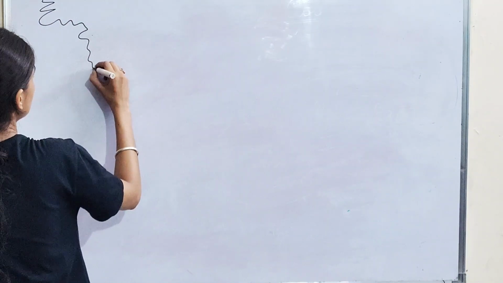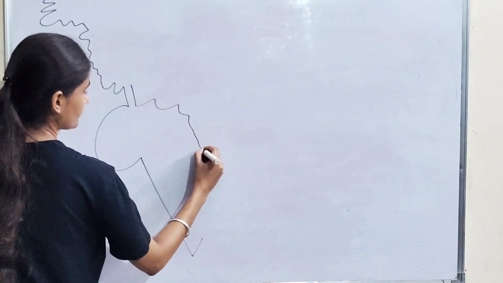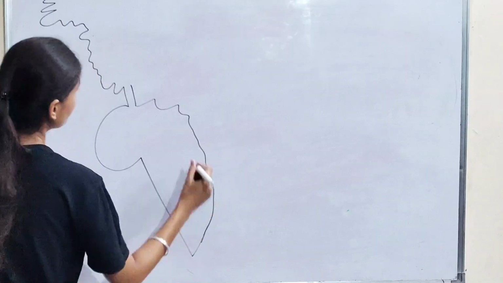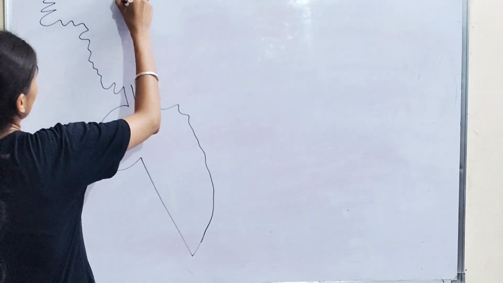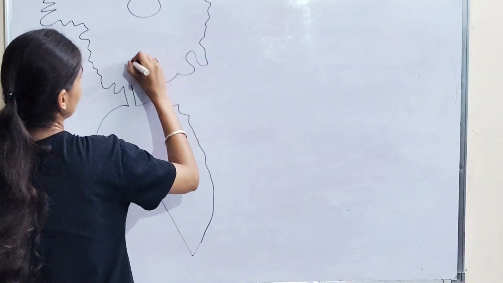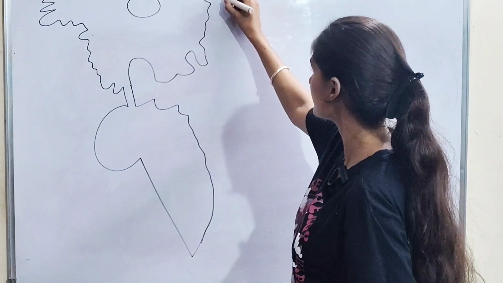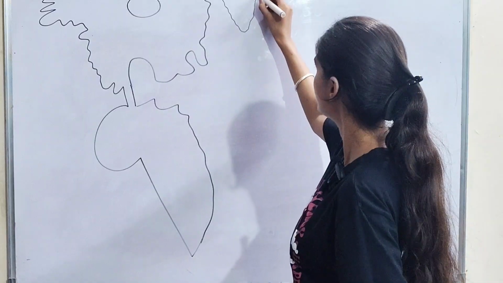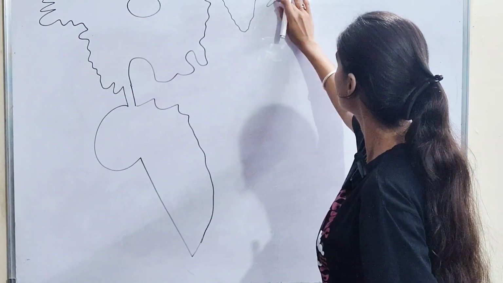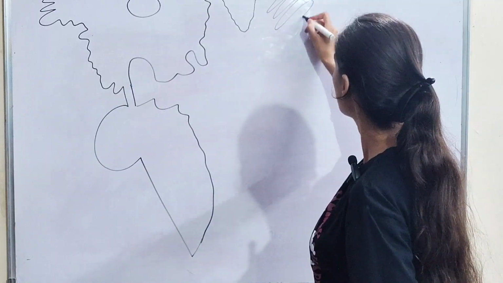So this is North America, South America, this is Greenland, Norway, Sweden, Finland.